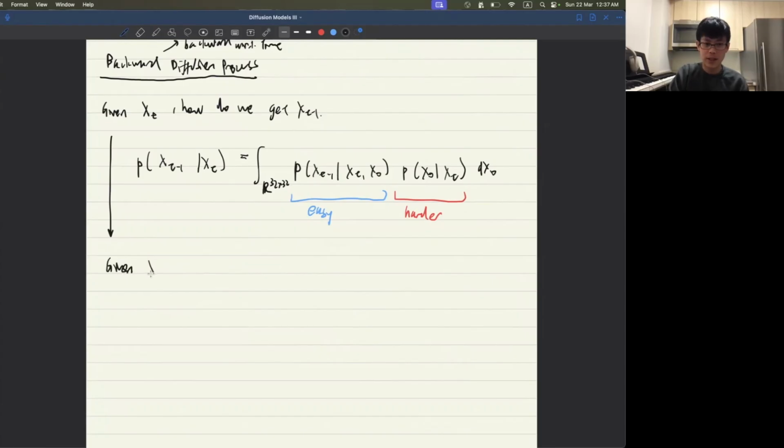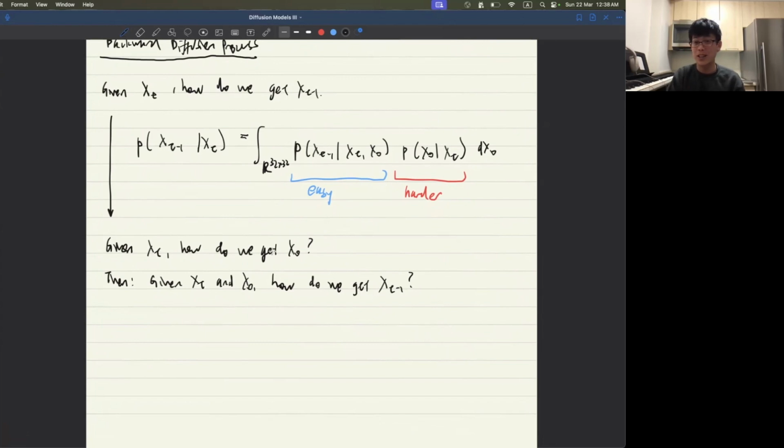Given xt, how do we get x0? And then if we can solve this problem, given xt and x0, how do we get xt minus 1?